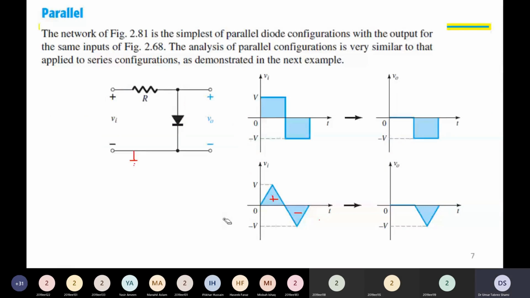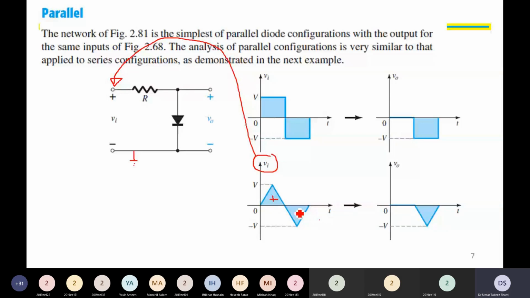So let us look at the triangular waveform. It is our input voltage. This is the input voltage that we are applying to the input of the parallel clipper. The triangular waveform has two parts. One is the positive half, and second is the negative half.